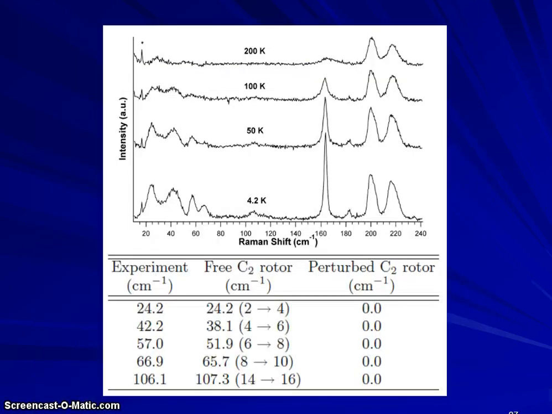Now here's where the data started to get a little bit weird. If we treat that internal carbide group as a free rigid rotor with no rotational barriers on it, we should expect to see in the Raman spectra certain Raman shifts, certain peaks, and we see those peaks almost exactly.